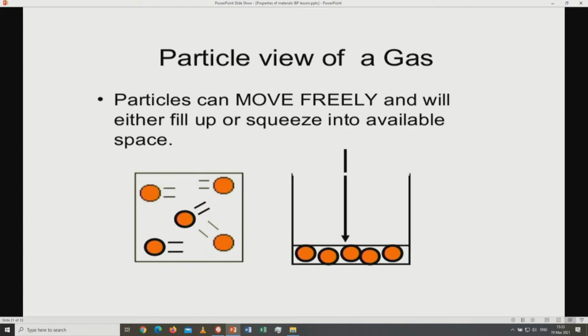Now, in science we always demonstrate how particles are moving. Particles can move freely and will either fill up or squeeze into the available space, which means you can squeeze gas particles. Or if you expand the space, it will also fill up that space.